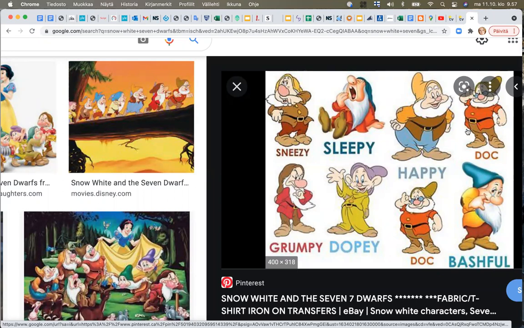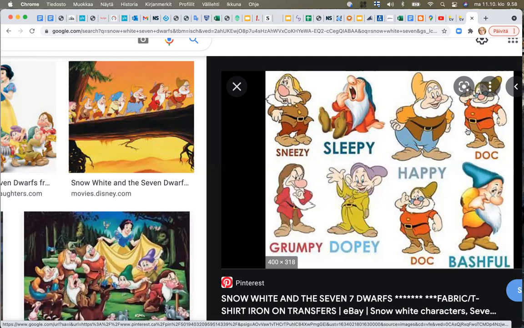That after the movie we would remember every one of the seven characters. Although this was made in the 1930s, I think, or was it early 40s? So, of course, they were meant as cartoon characters, and so they were not very deep as such.